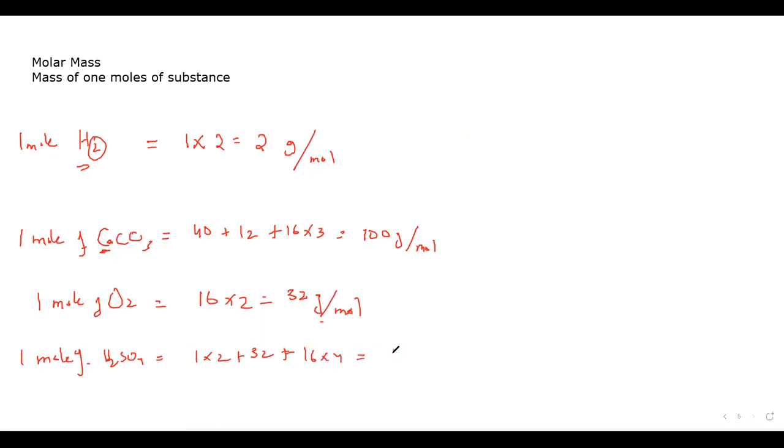So this total will be equal to 98 gram per mole. So molar mass is simply the mass of 1 mole of a substance which is expressed in grams. Is it clear? The molar mass.